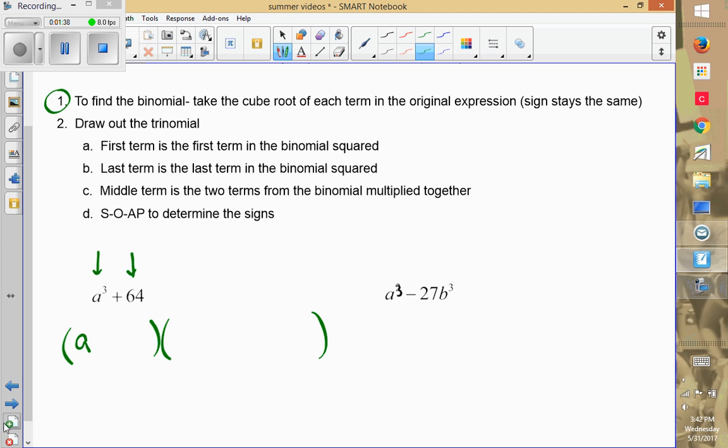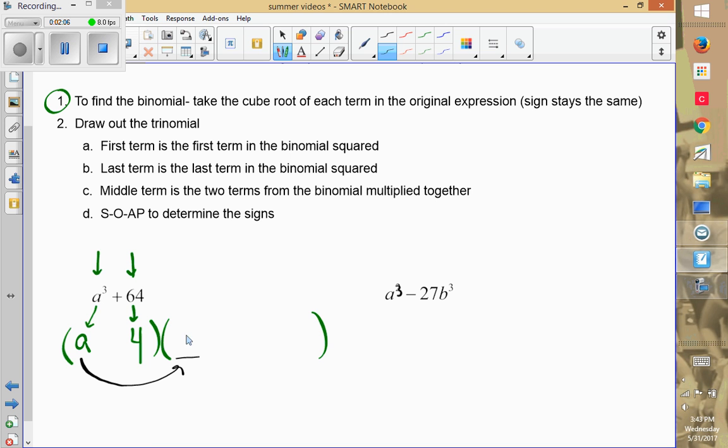And 64 is the cube of the number 4. I'm not going to worry about the sign in here, adding or subtracting. We're going to talk about that in a second. But we're going to just take the cube root of the first term and the cube root of the second term.